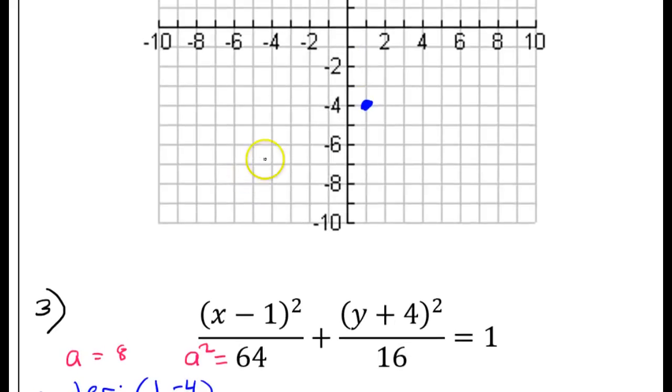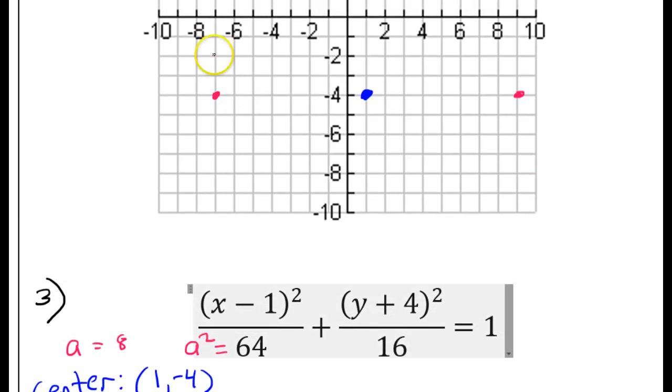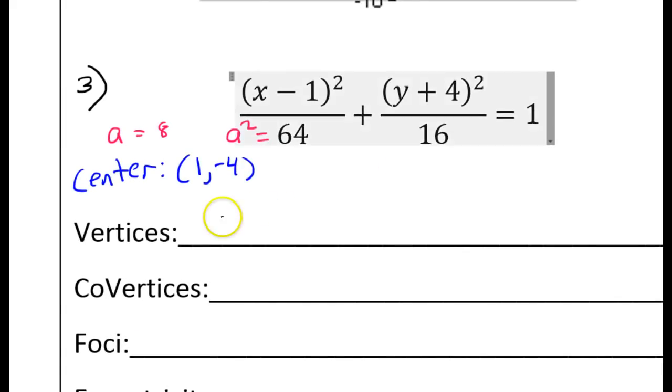So going back to the center, I'm going to go 8 to the right, and I'm going to go 8 to the left. Okay, so these will be the vertices of my ellipse. So that's -7, -4.